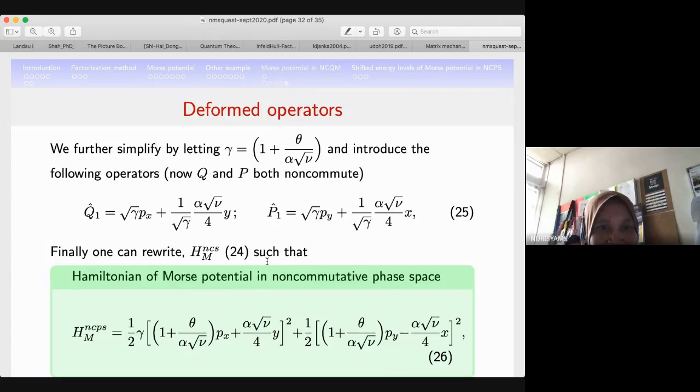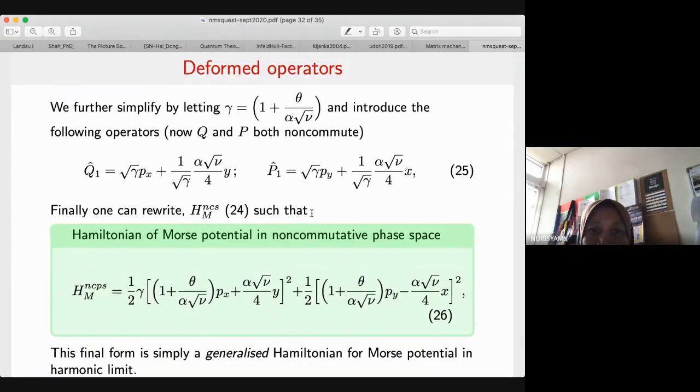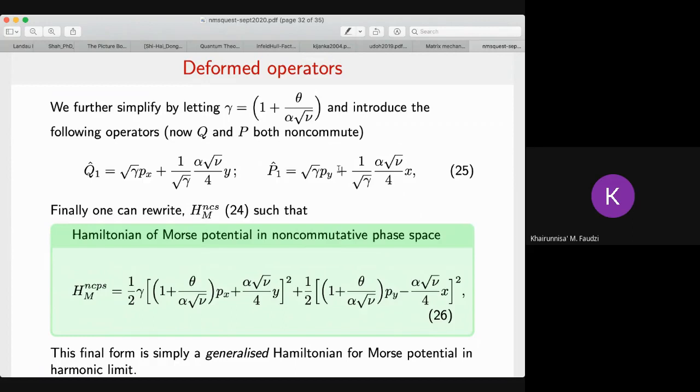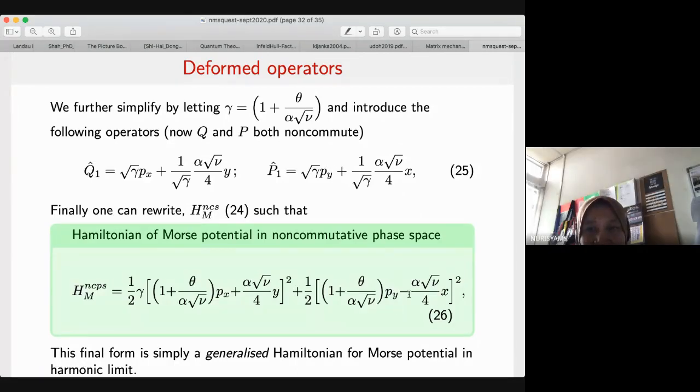Let me put it back. Maybe I should calculate this again. I think I have a minus sign, right? Yes, Q and P are inverse, each plus and minus. Sorry, I should have a minus sign there. Yeah, it's a minus sign.